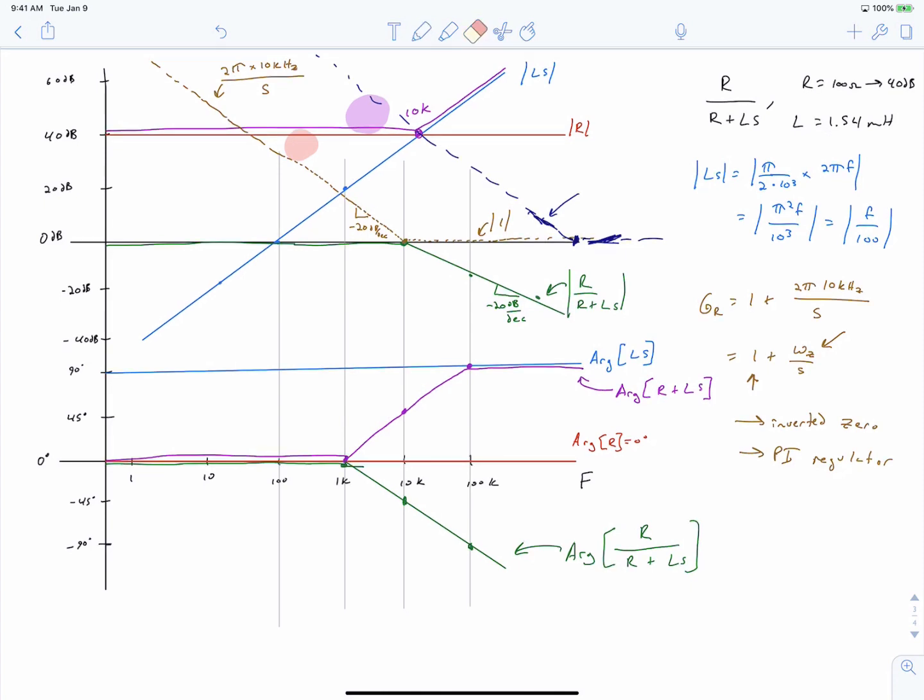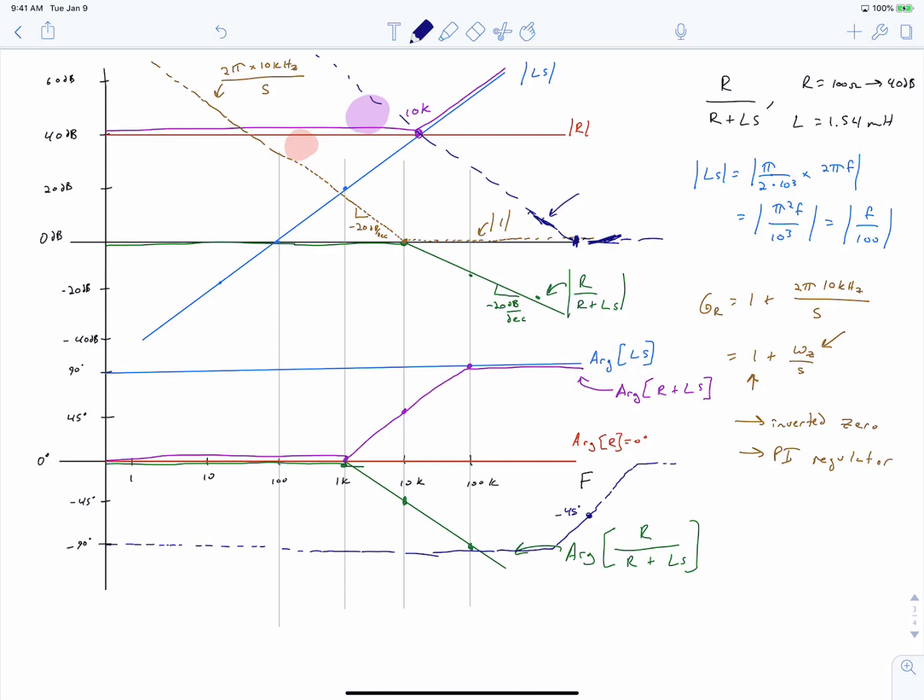And you can easily convince yourself of this by plotting the phase angle of your PI regulator, or your inverted 0. It's going to be negative 90 degrees in the low frequency region. And then a decade below, it crosses over the 0 dB line, it's going to start increasing. It'll be 45 degrees at the 0 dB line, and then 90 degrees a decade later.